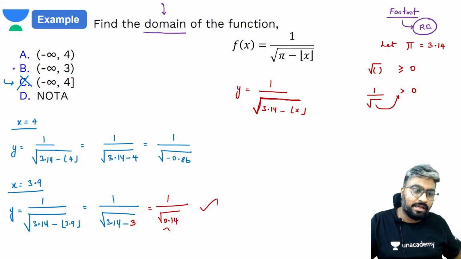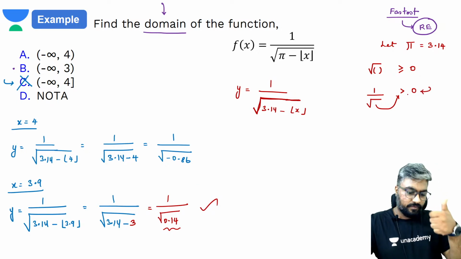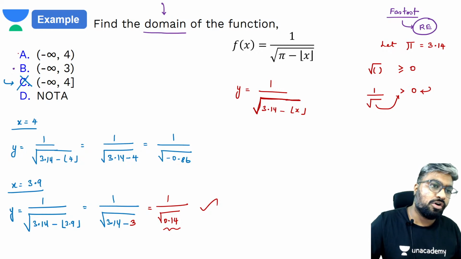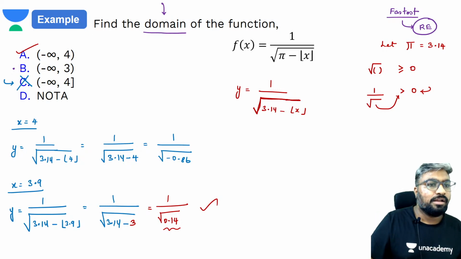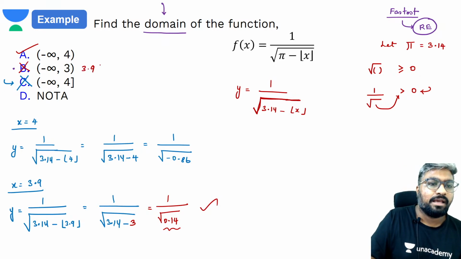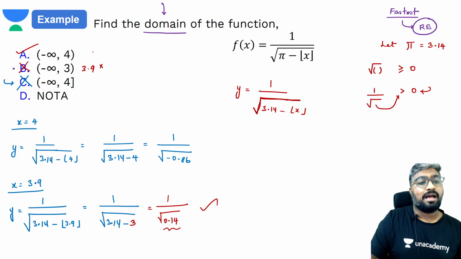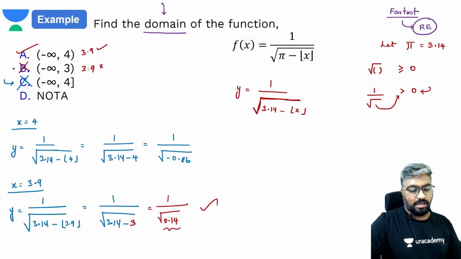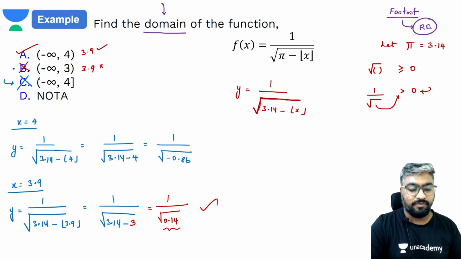You have a positive value in the denominator, which is a good sign. So option A is right, not even option B, because 3.9 is not in it, and 3.9 agrees with this. Got it? Reverse engineering would be the fastest way to answer this.